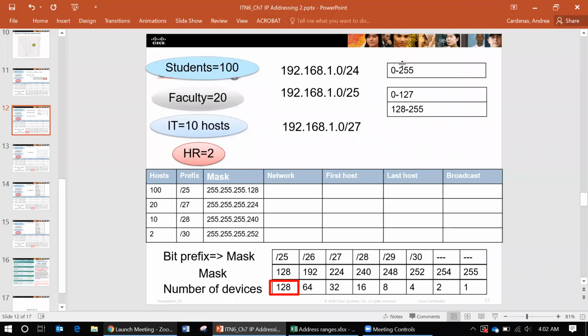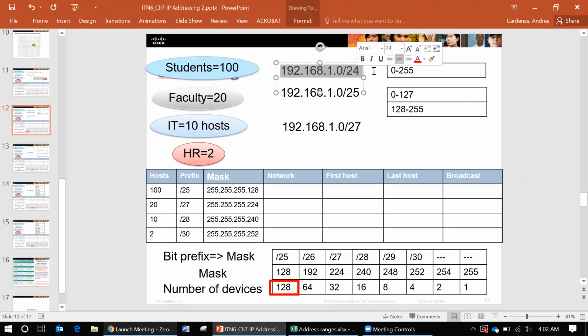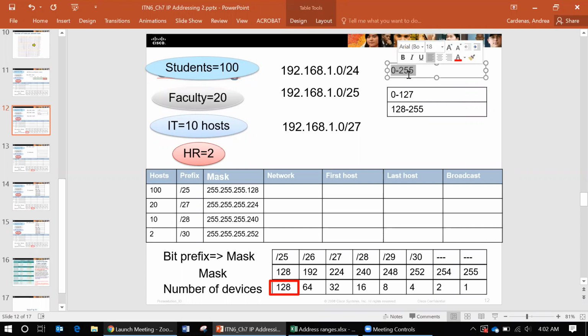Well, remember, when you're using a /24, you have the last octet to work with, the entire octet. So that means you have from 0 through 255. You have a total of 256 addresses, minus 2 will give you the hosts. But what about a /25?